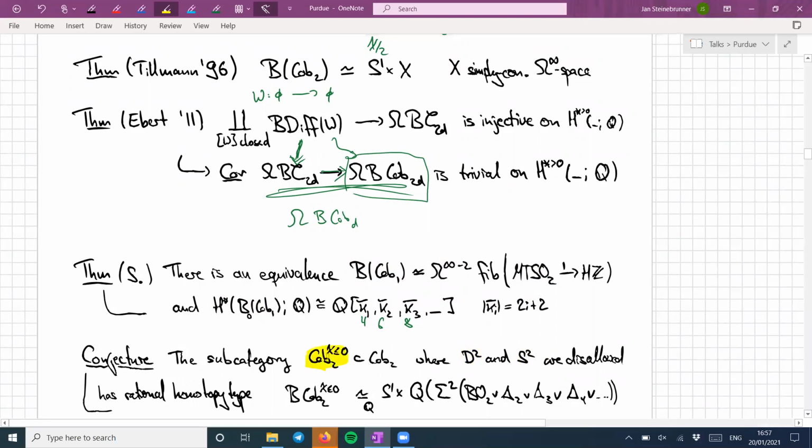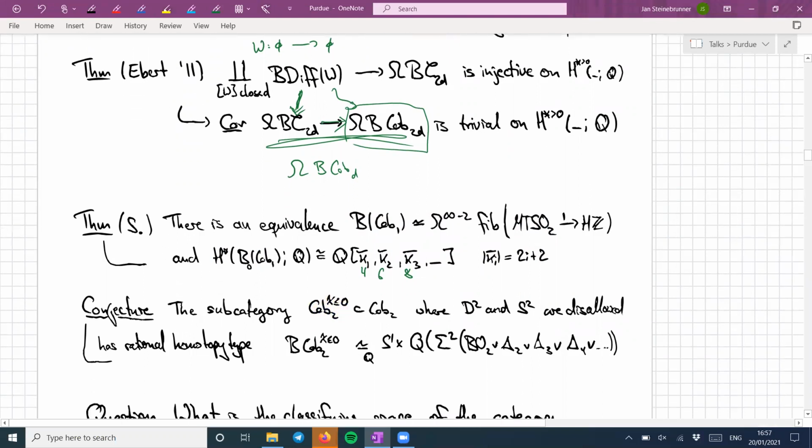If you look at this very large subcategory, then, just rationally for now, what I think happens is that you have the circle again, but then you get some big free infinite loop space on a double suspension on a bunch of interesting spaces. They correspond to the different genuses. Genus 1 gives you a BO2, and genus 2 and higher gives you these tropical moduli spaces that a priori have nothing to do with COP2.